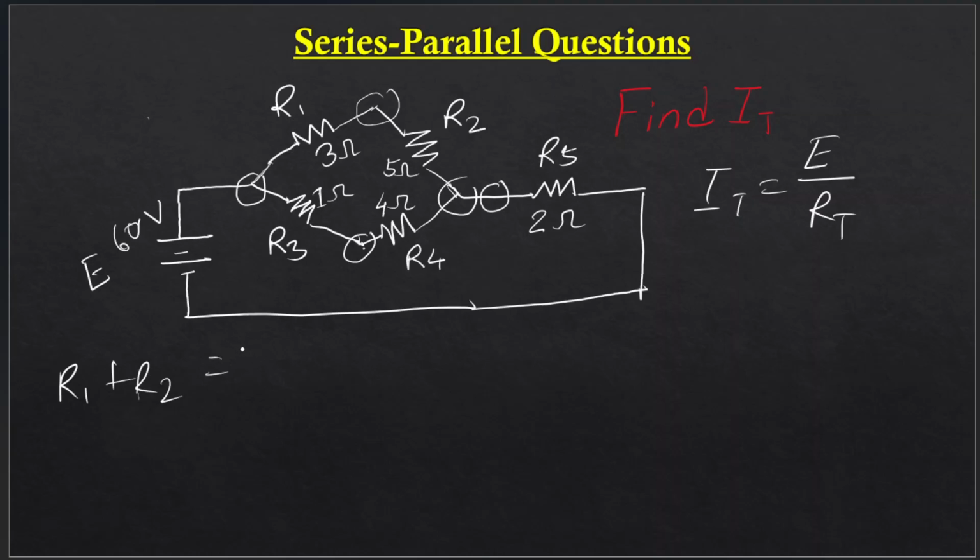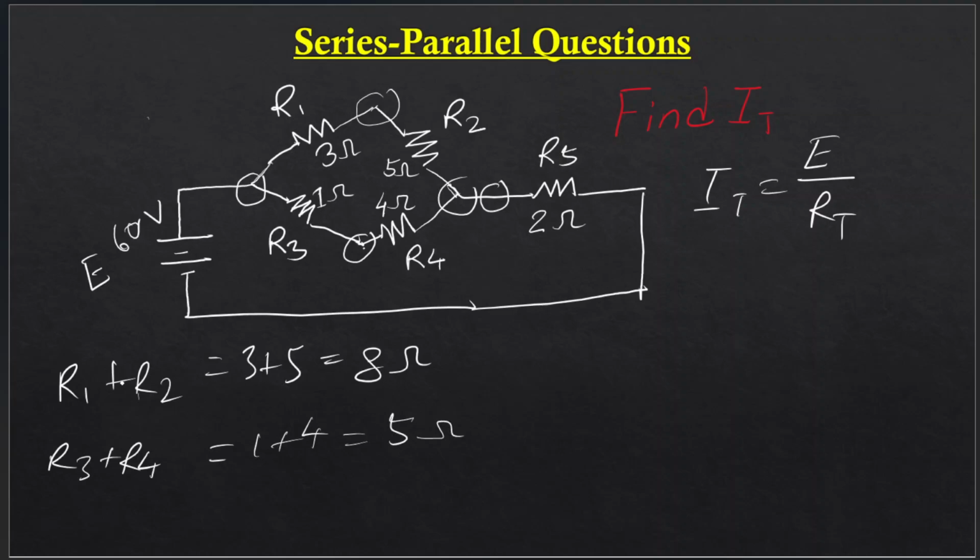That will be 3 plus 5 is equal to 8 ohms. Again, R3 and R4 are in series, so R3 plus R4 is equal to 1 plus 4. That is 5 ohms.